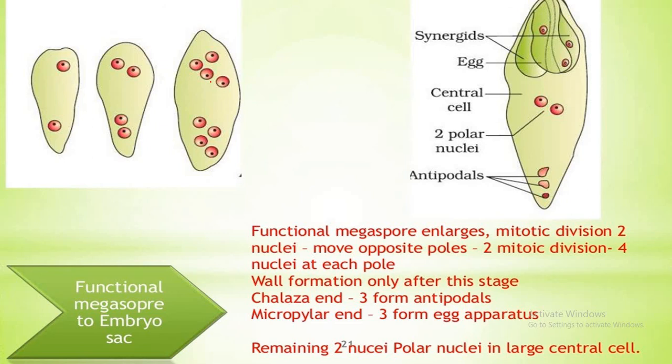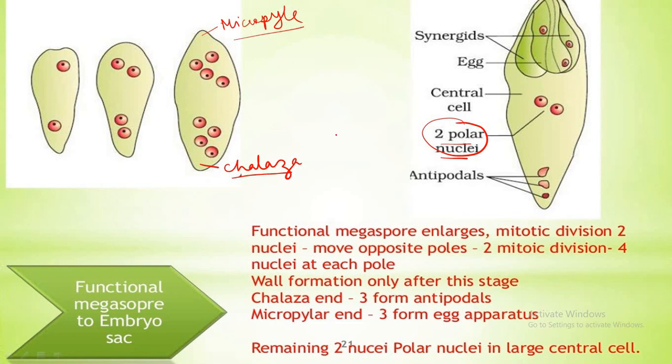Now further they will move towards the poles, okay, and only one from each pole will remain in the center, which are known as the polar nuclei. ठीक है, तो जो 8 है उसमें से 3 यहाँ पर रहेंगे. ये कौन सा एंड है? माइक्रोपाइल एंड है, और ये है चलाजल एंड. 3 nuclei will remain at the micropyle end and 3 nuclei will remain at the chalazal end, whereas 1 nucleus from each pole will travel and will settle in the center, which are known as 2 polar nuclei.